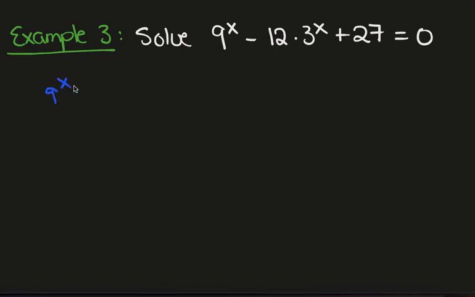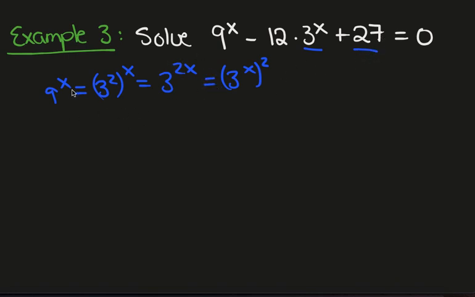So 9 to the power of x can be written as 3 squared to the power of x, or in other words, 3 to the 2x. Or I can even write this as 3 to the x squared. This is already in terms of a power of 3, and I don't even have to actually change 27 either.